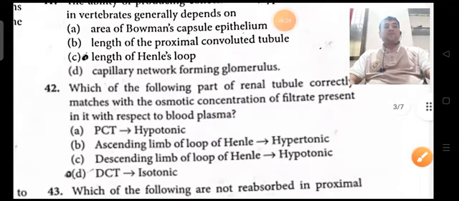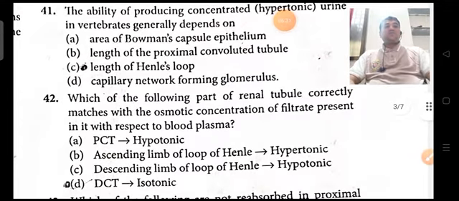Next, which of the following parts of the renal tubule corresponds with the osmotic concentration of the filtrate present in it with respect to blood plasma? PCT hypotonic, ascending limb of loop of Henle hypertonic, descending limb of loop of Henle hypotonic, distal convoluted tubule isotonic.